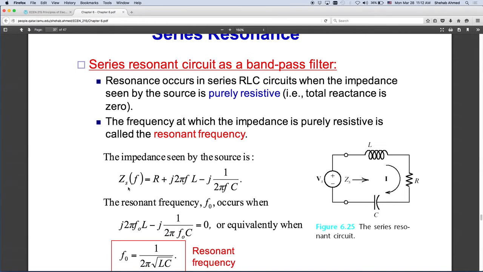Current will be voltage divided by the impedance. So if the magnitude of the impedance is high, then the current is low. If these two components of the impedance, the 2 pi f L and 1 over 2 pi f C, go away, then the magnitude of the impedance is smaller, meaning the current will be larger for the same voltage.